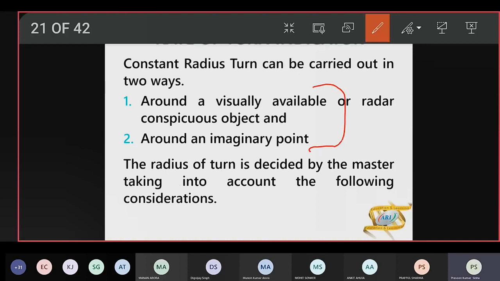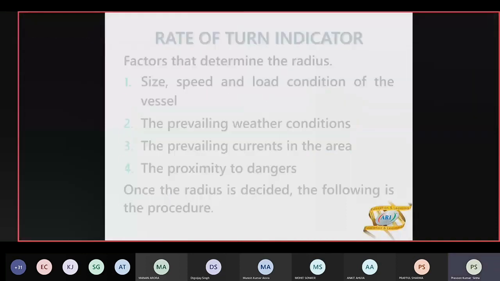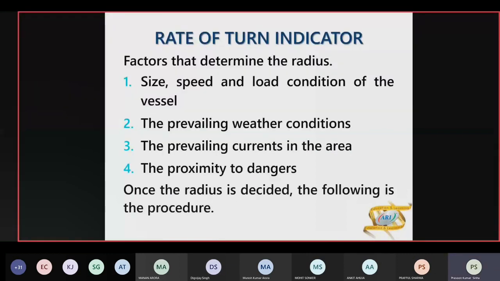Here it is being discussed in reference to the constant radius turn, which is execution basically, but the execution can also happen with constant ROT. In both cases, you have to decide the radius. So the master is the best person to talk to. When you are the master, people will come and talk to you. What are the factors that you will be considering when deciding the radius? This also we discussed.